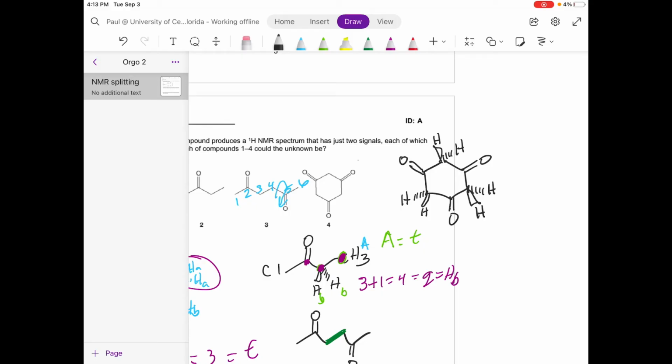Okay, so what is going on here? Those two are going to be equivalent to one another. Those are going to be equivalent, there's only one signal here.